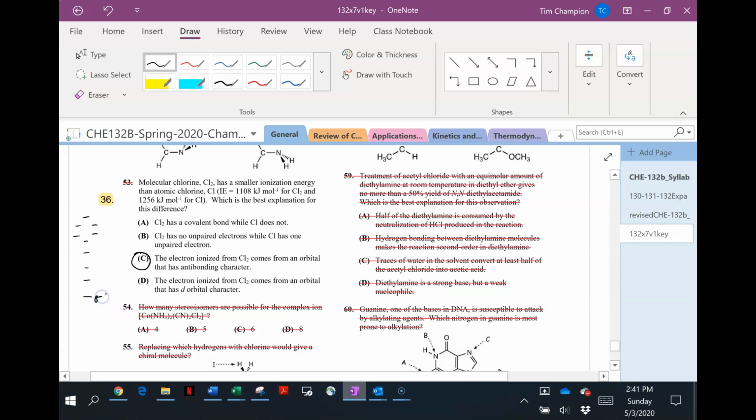sigma star, sigma star, sigma star. This is 1s, this is 2s up here. And then your 2p's up here, you have sigma, pi, pi star, and sigma star.